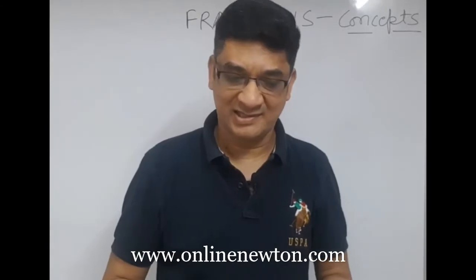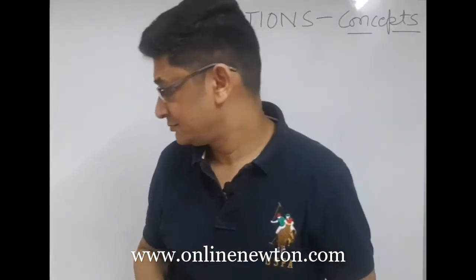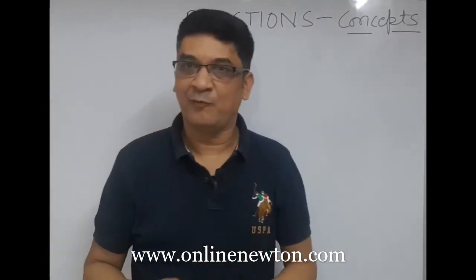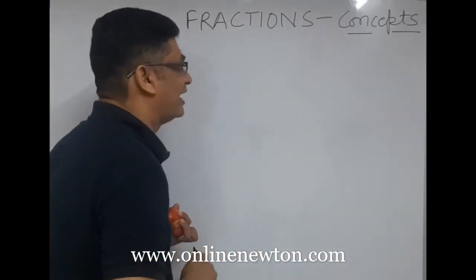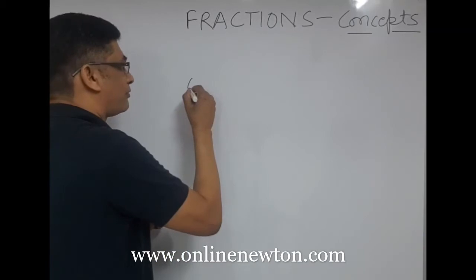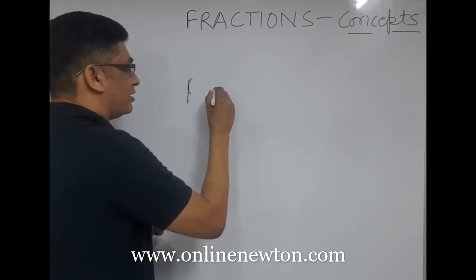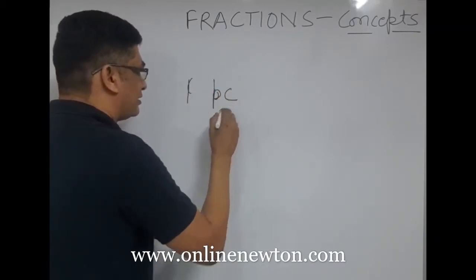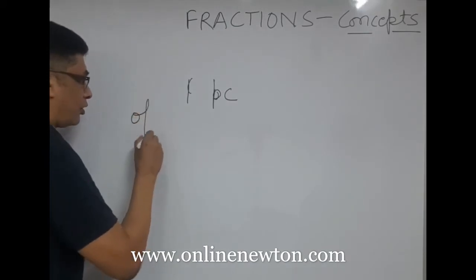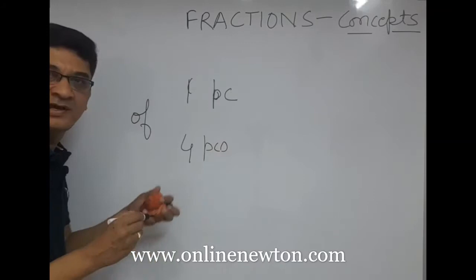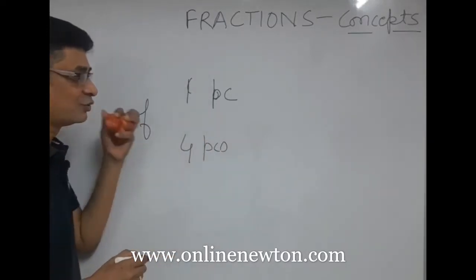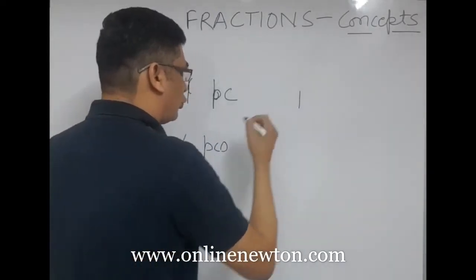Now how will we represent it? This one part is now represented as one piece of 4 pieces. Now we have a total of 4 pieces. So this is represented as 1.